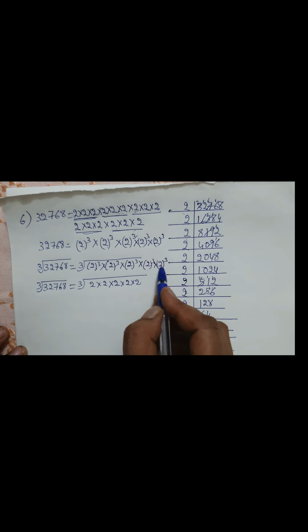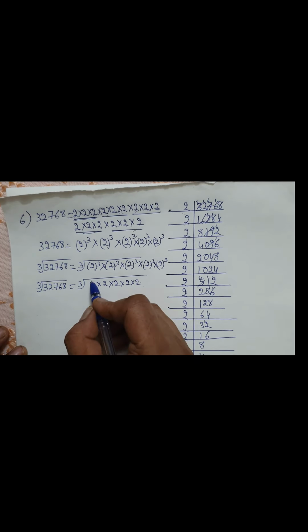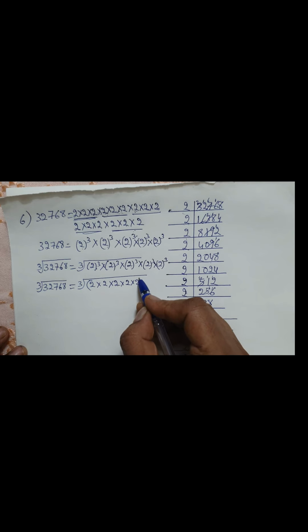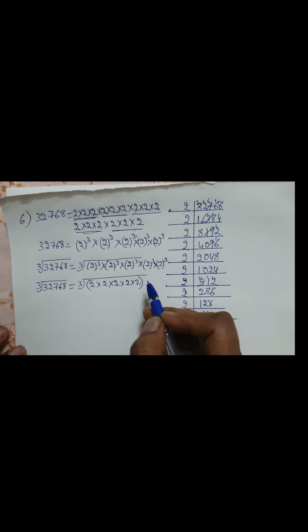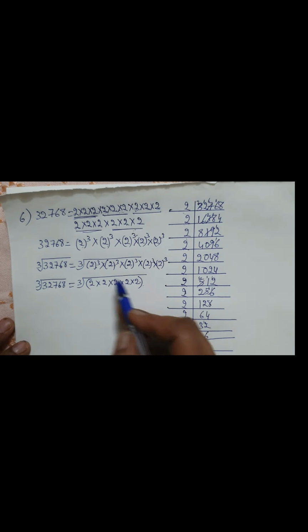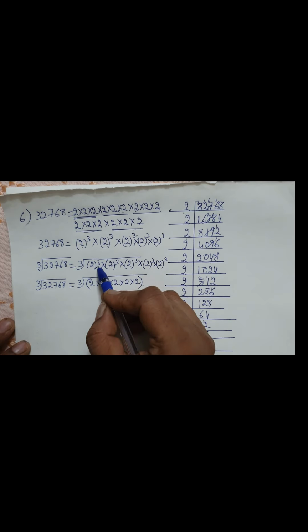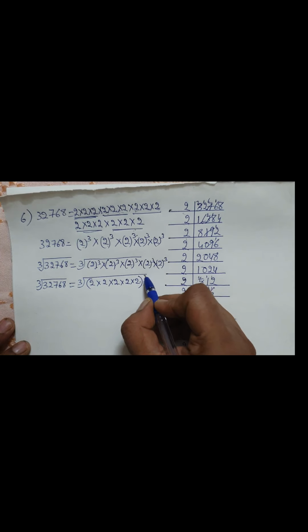So we put all the numbers here, remove it from the small bracket and put them in a big bracket. This 3 is for each bracket, so we will put a common 3 over here.